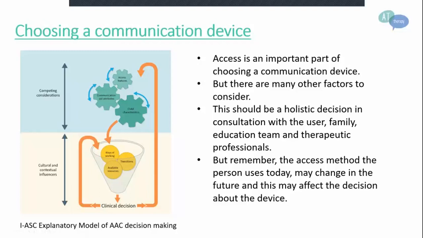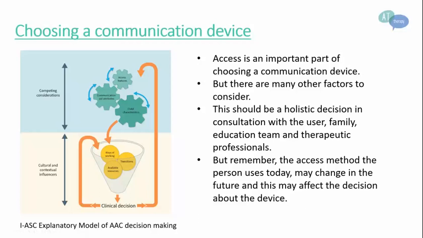Obviously, the most important person is the user. So if we can get their opinion and their voice, that's the most important one. At the end of the day, they're the one using it. So if they're not happy with the device or the access method, there's no chance they're going to be using it. You want to get that one sorted out first, that their opinion is heard.